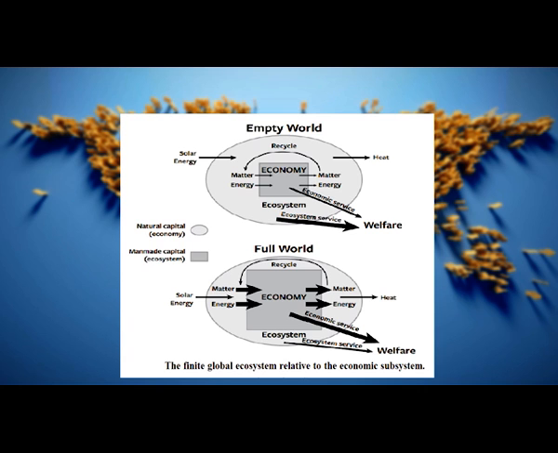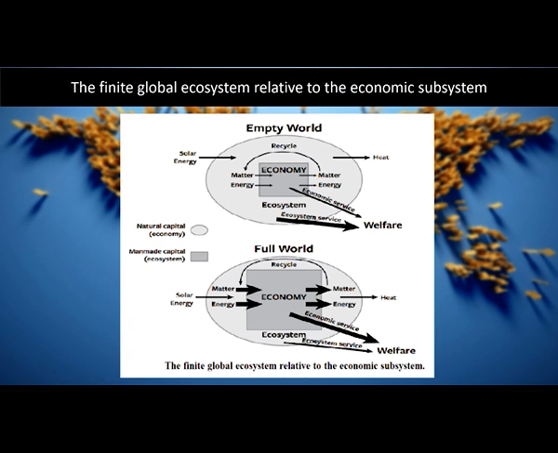You will see here in this figure the finite global ecosystem related to the economic system. This figure illustrates what we call the bygone era, when the economic system, depicted by a square, was small relative to the size of the global ecosystem. The lower diagram depicts a situation much nearer to today's, in which the economic subsystem is very large relative to the global ecosystem.